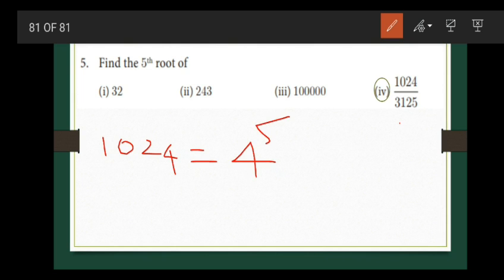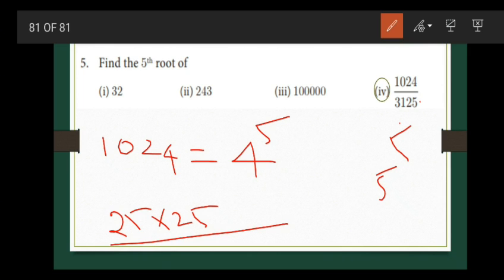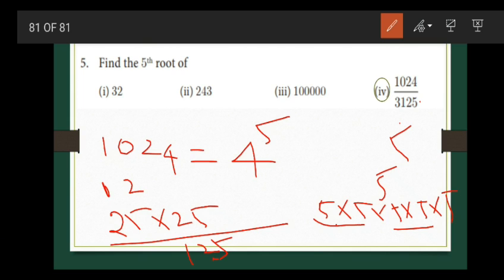Now 3125. 5 to the power 5 is 3125. 5 5s are 25. We have to find out 5 to the power 5, right? 5 into 5 into 5 into 5 into 5. So this is 25, 25. 25 into 25 is 625.